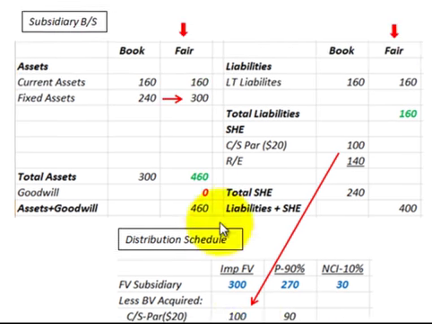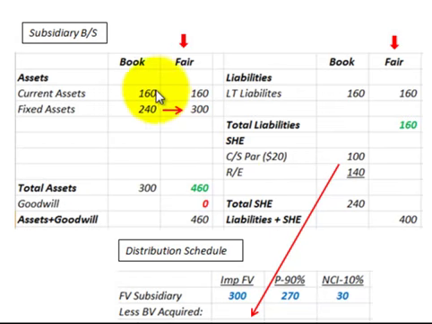But we can also go up here and look at it in terms of the balance sheet for the subsidiary, and that's really also the difference between the book value and the fair value for the assets and liabilities based on the subsidiary's balance sheet. And for our example here, I'm only looking at one amount, and that would be where the fixed assets increased from 240 to 300,000, and that would be a building increased in that amount, $60,000.